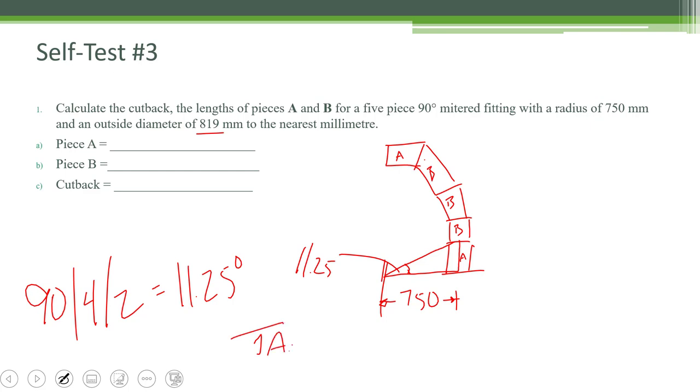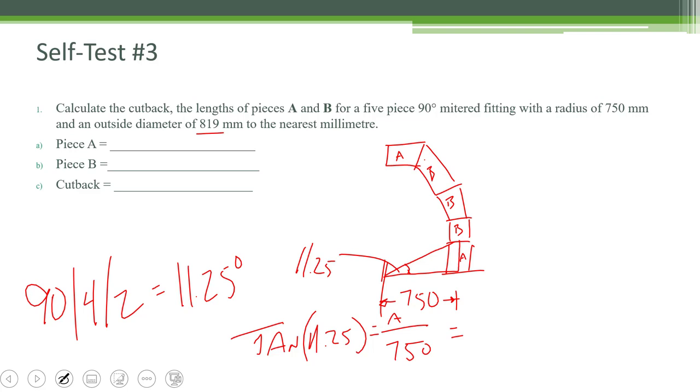And now I can just use trig to figure it out. Okay, so it's tan of 11.25 degrees is equal to the opposite that we don't know. That's A over 750. So we'll just go 11.25 tan times 750 equals, and I should get 149.1842755.